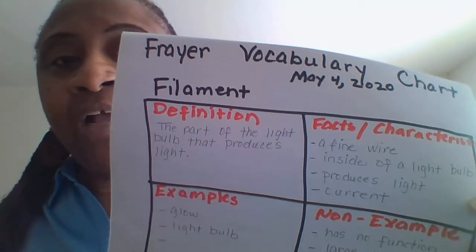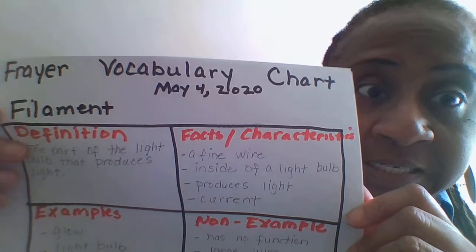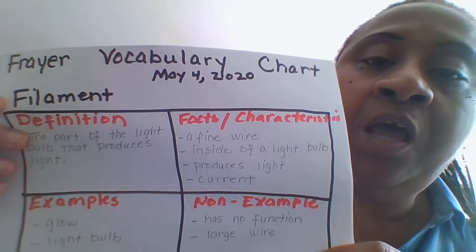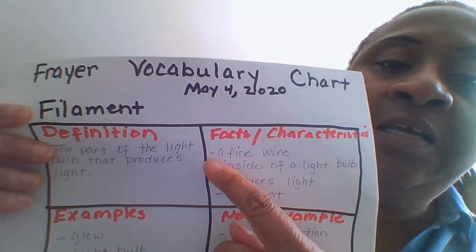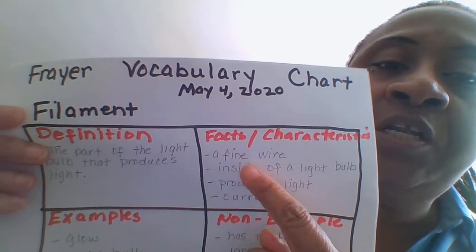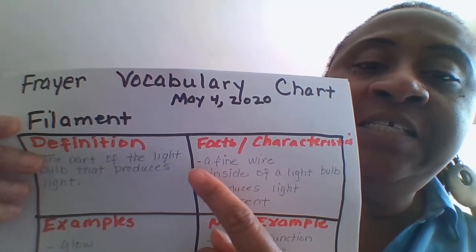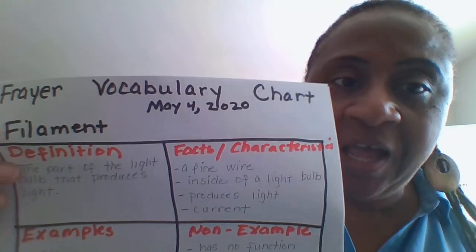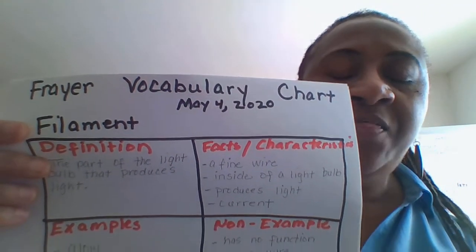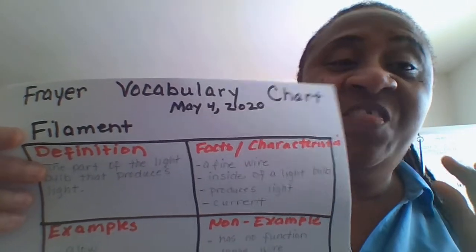Now, let's go over to facts and characteristics of a filament. I wrote that one characteristic is it is a fine wire. Now, when I use that word fine, I'm referring to something that is thin.